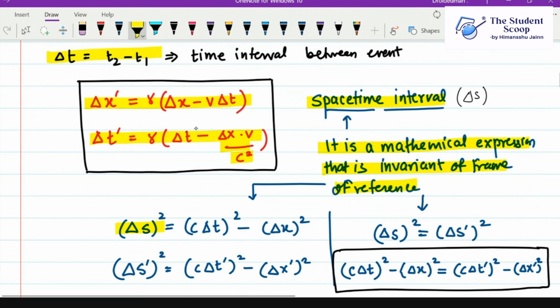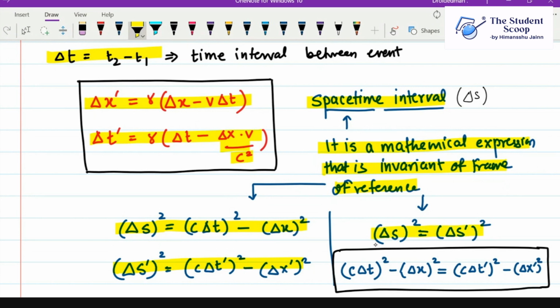The space-time interval relationship is given as c delta t the whole square minus delta x square. This is calculated in the S frame. In the S dash frame, it will look very similar, just delta t dash and delta x dash. According to the space-time interval, these two quantities must be the same.